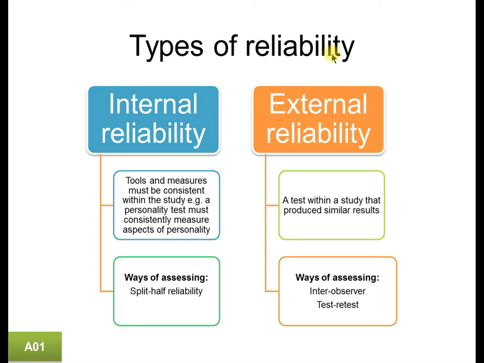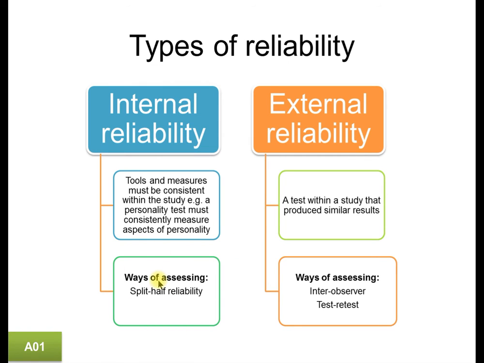external reliability. So the internal reliability of a study can really be assessed by looking at the tools and measures that we use in that study. So a personality test, for example, should actually measure aspects of personality. And the questions that you form in a questionnaire should try to elicit information about what they seem to suggest they should, reliably.